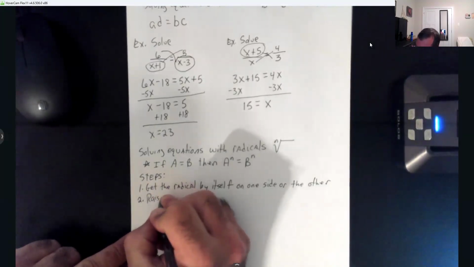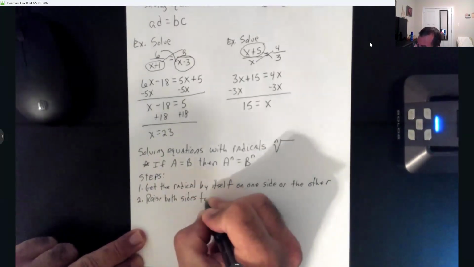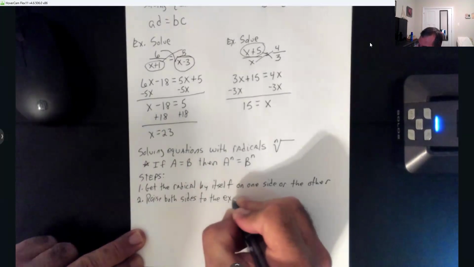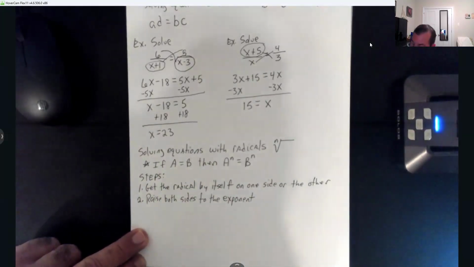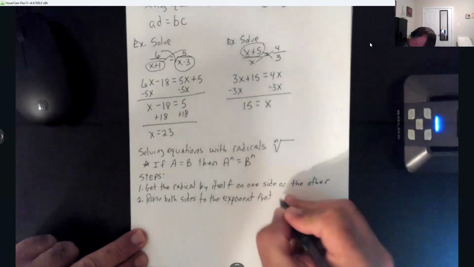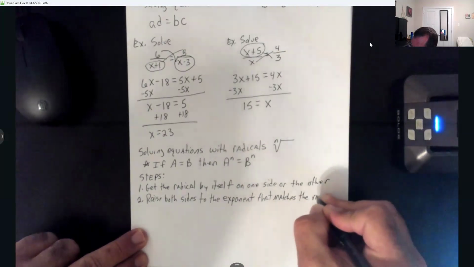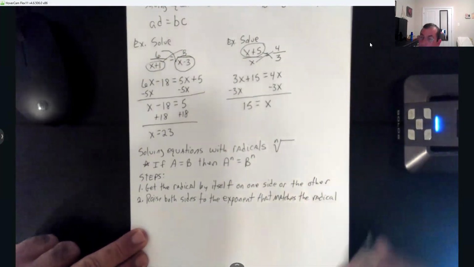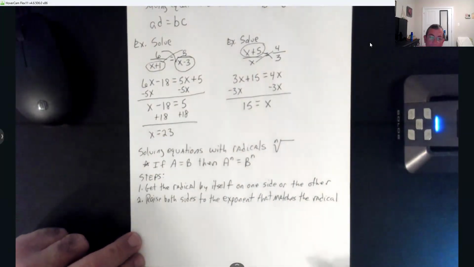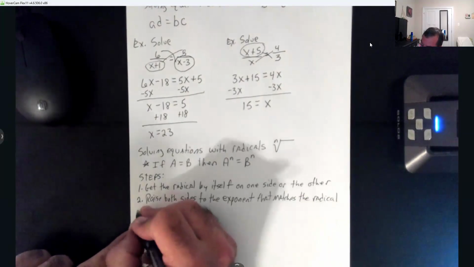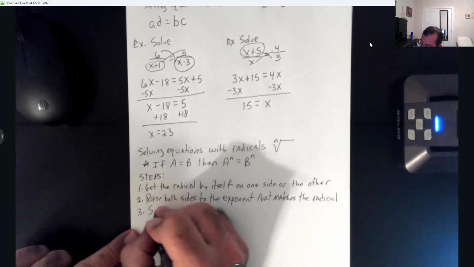Then I'm going to raise both sides to the exponent that matches the radical. So if it's a square root, I'm going to square both sides. A cube root, I'll cube both sides, and so on. And at that point, you're going to solve for the variable.